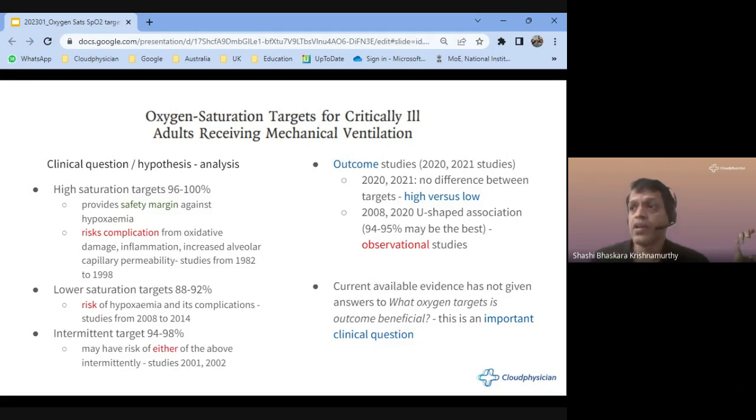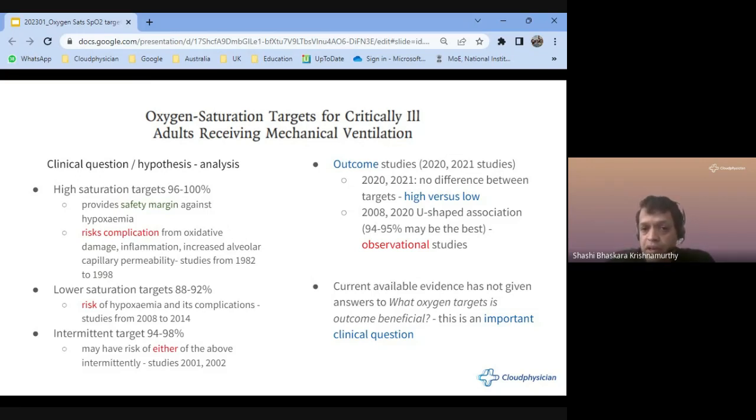The lower saturation targets, a little bit later on, showed that there's a risk of hypoxemia, but it does not bring the risk of complications from hyperoxia. These studies were somewhere between 2008 and 2014.